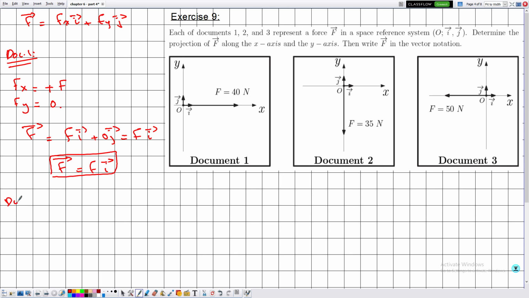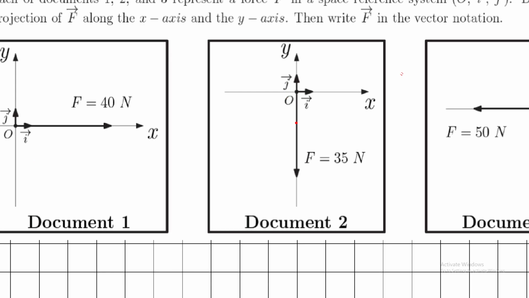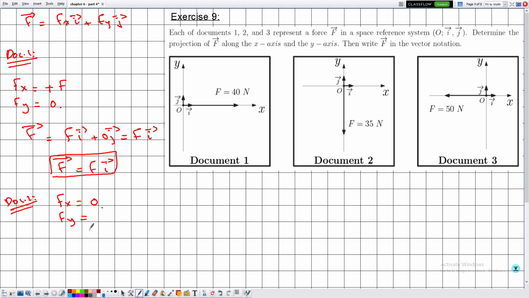Now as for document 2, notice that it's completely lying on the y-axis, so Fx is 0. As for Fy, it's simply the magnitude F up to a plus or a minus sign.